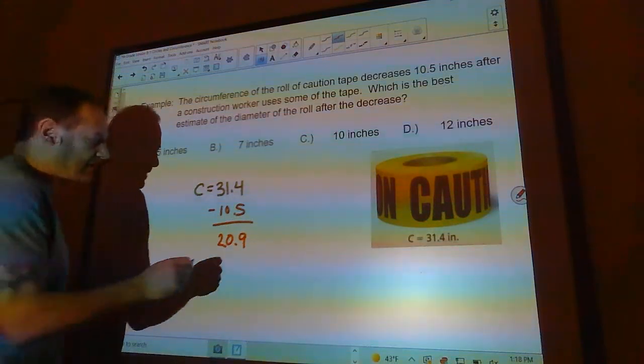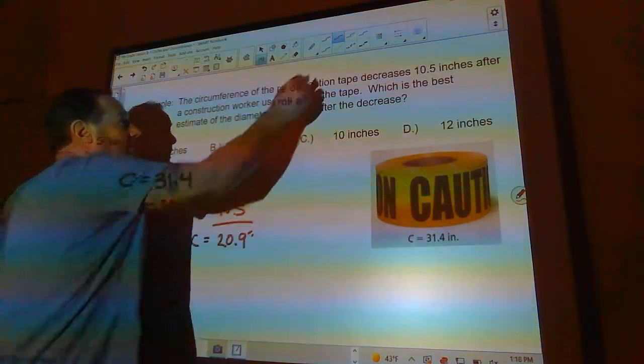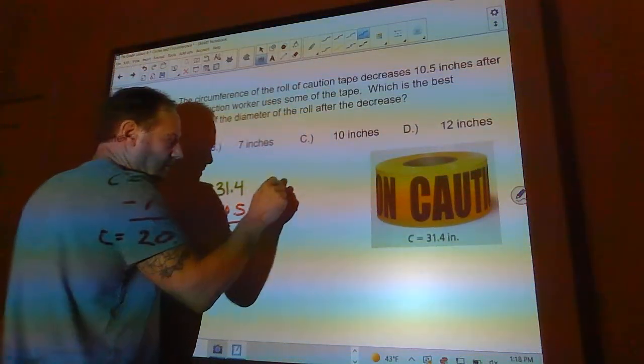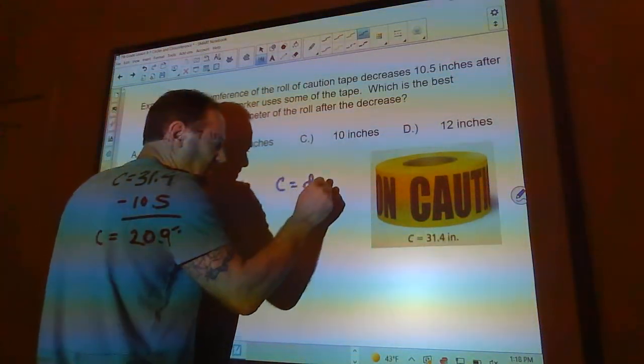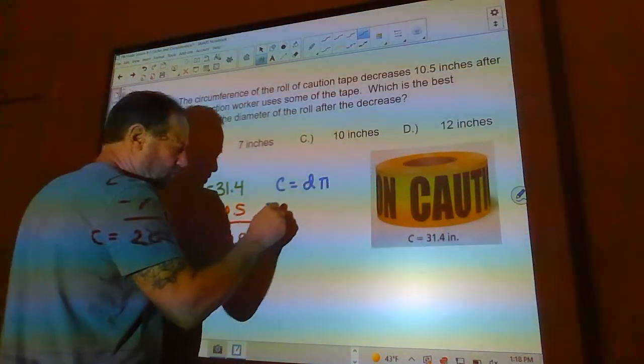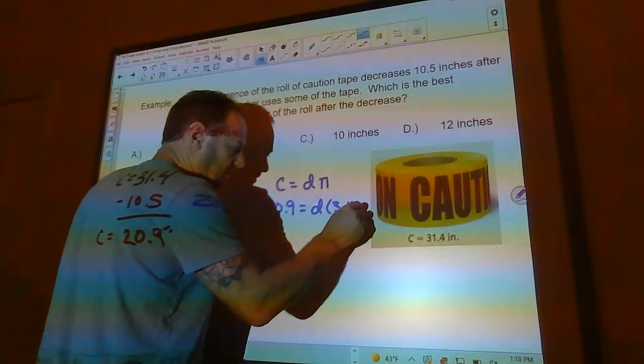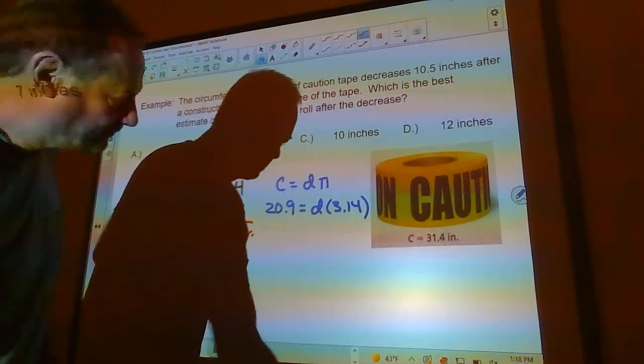Okay, so now we got to figure out what's the diameter now. Okay, so the circumference is the diameter times pi, and this is now 20.9. And we're going to go ahead and use 3.14 for pi.